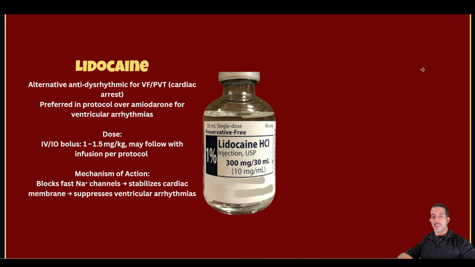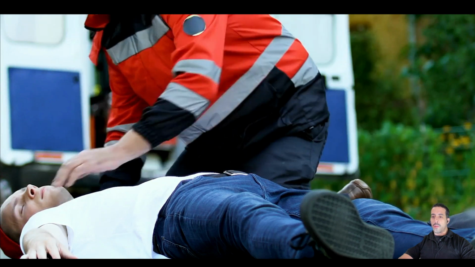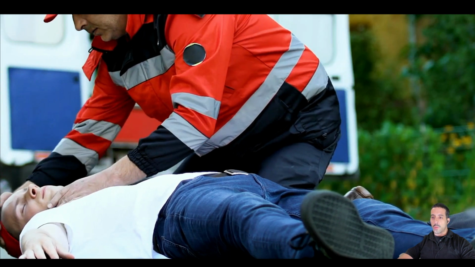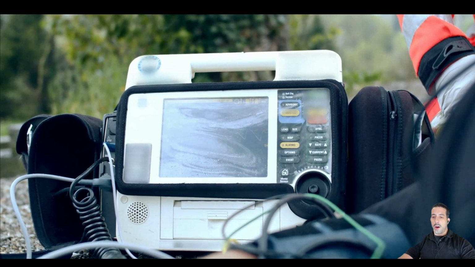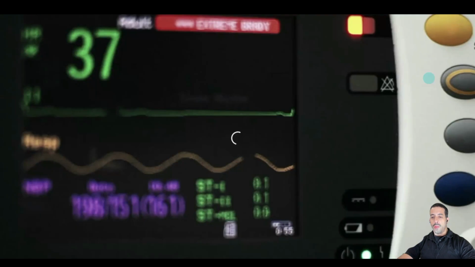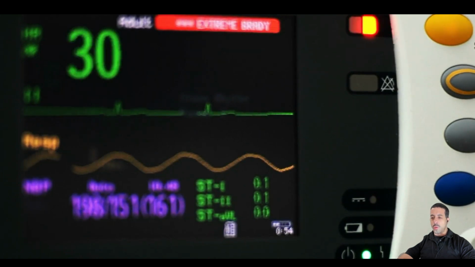Now it's time for a scenario. Imagine you're showing up to a scene of a BLS calling for ALS, and as you carry your bags and approach the patient, you find the patient laying supine, and as you start checking for ABCs and your partner gets the report from the EMTs, you put them on the monitor, and on the monitor you see this: a person's heart rate at 32.